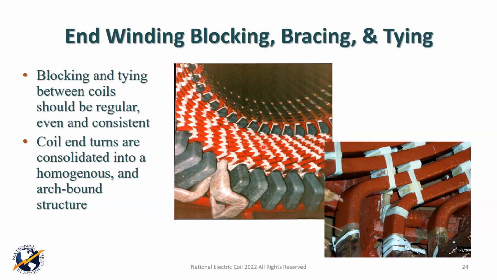And if you've ever messed with a tuning fork, you'll understand what we mean by resonance. If you make that tuning fork heavier, if you touch it, if you make it more rigid, it doesn't work anymore. Resonance has to do with the natural frequency of the end winding, and we'll get into it a little bit later. And it is an important thing to prevent mechanical deterioration of the end winding.